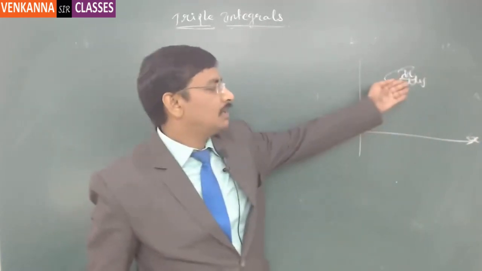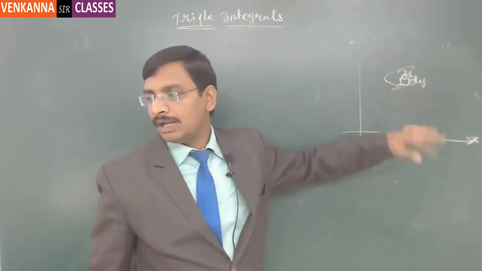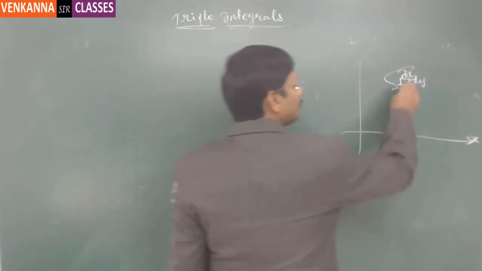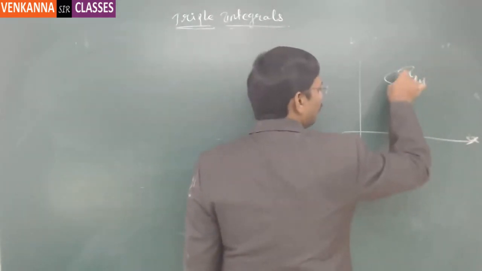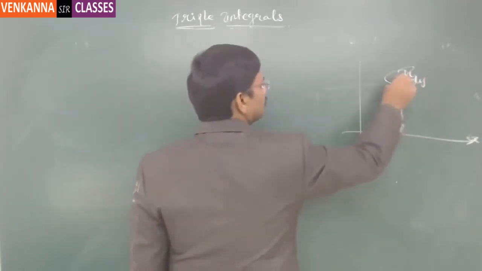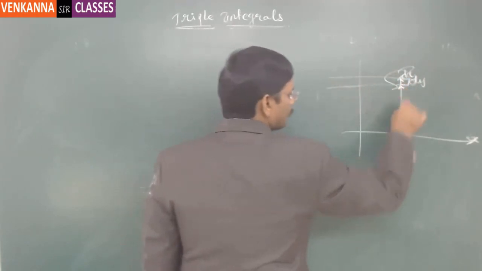Now, if this elemental area is rotated about the x-axis, it will generate a ring of volume. That ring of volume you can calculate by subtracting the inner area from the top area.